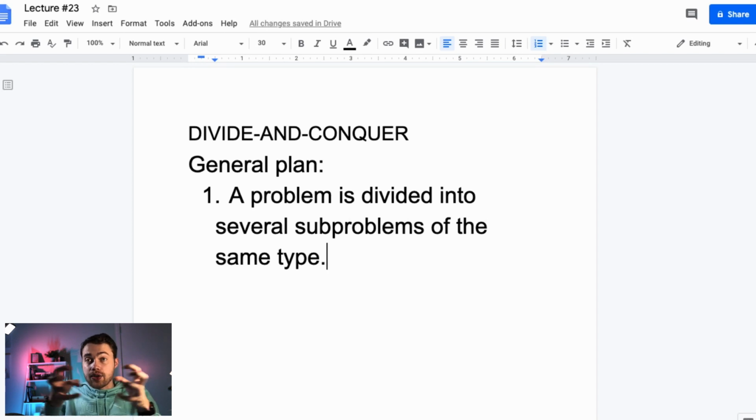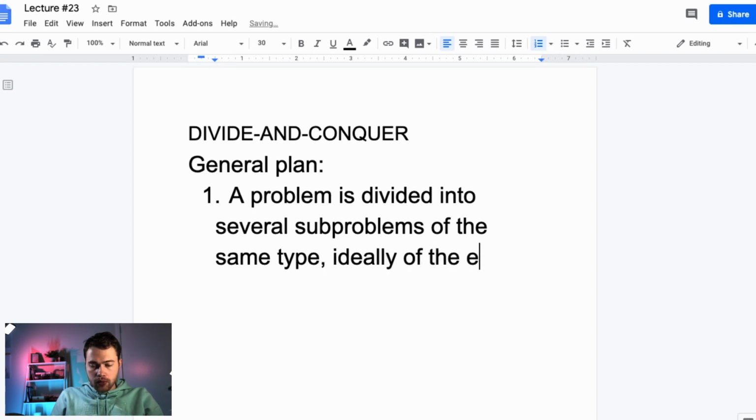The problem is not decreased in size, but it's divided. That's why it's divide and conquer. Of the same type, ideally of equal size.